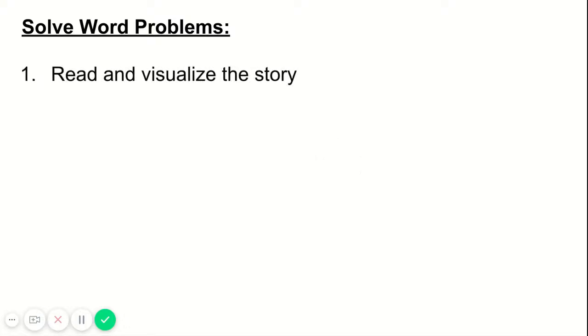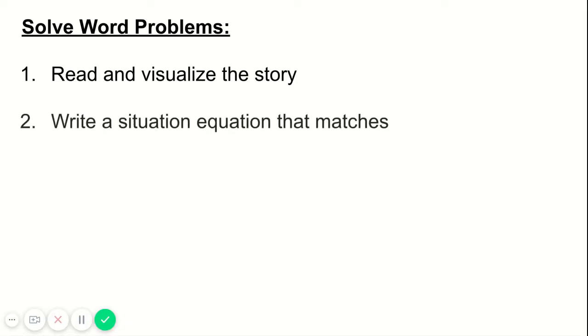Let's review the steps that we took to solve the word problem today. I want you to pay attention to how many steps I'm taking before I start to solve. First, I read and visualized the story. Then I wrote a situation equation that matched.